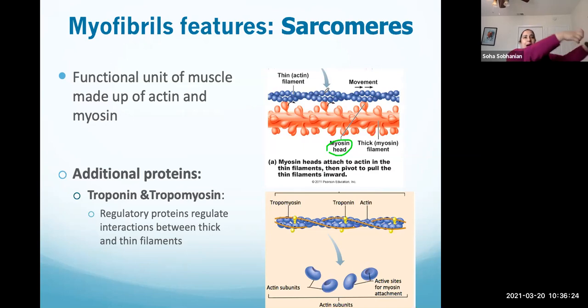You grab onto the rope, you pull, you let go, you grab another piece, and then you pull. When we're looking at actin and myosin, the same thing happens. The little heads connect to the actin, hold on to it, and pull. They let go, then grab a different part and pull it back in. That interaction is what causes the muscles to contract.